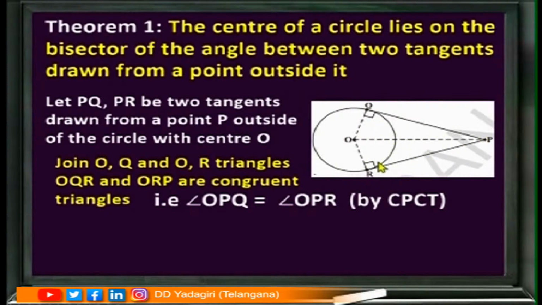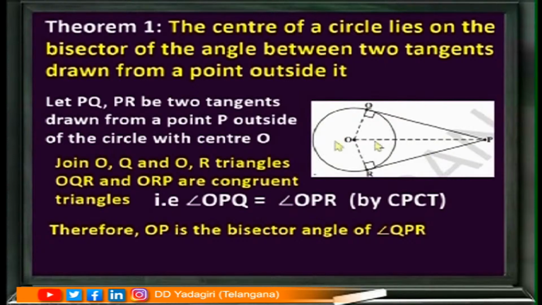So, we can prove that these two triangles are congruent, because OQ and OR are equal radii of the same circle, and OP is common. So we can say the two triangles are congruent to each other. Then we can say angle OPQ is equal to angle OPR by corresponding parts of congruent triangles.